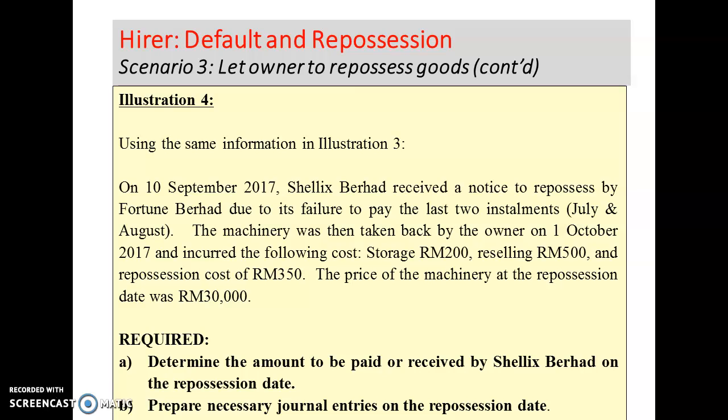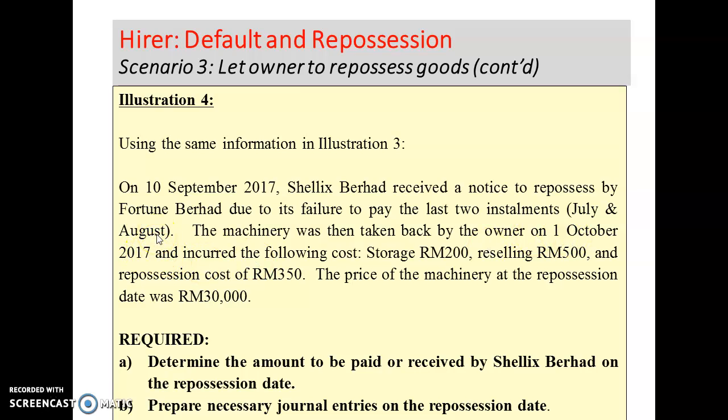Assuming the same situation where Shelley failed to pay the last 2 installments, July and August, in this illustration the machinery was taken back by the owner on 1st October.